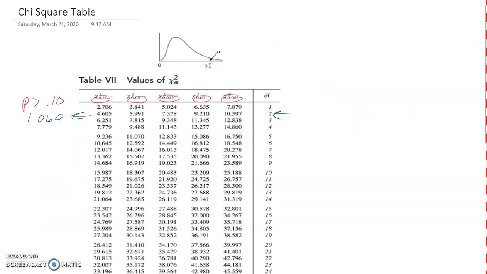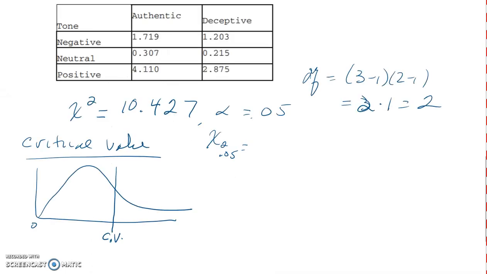So we're looking at 0.05 at 2 degrees of freedom. We'll go to your chi-square table. We're still at 2 degrees of freedom, and I want 0.05, which looks to be right here, 5.991. So my critical value is 5.991.